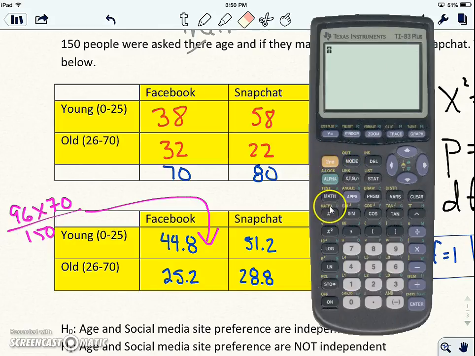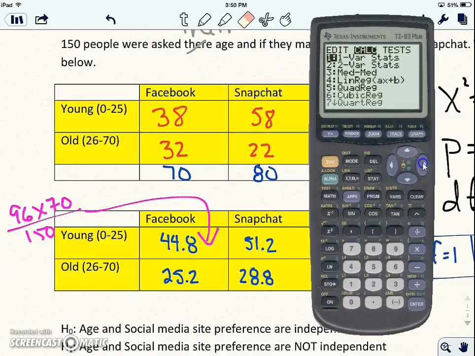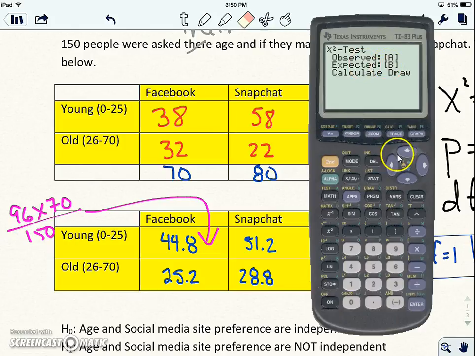If I want to make sure I have it right, I can go back into matrix A and look at it. There it is. Now we go to stat, tests, and it's a chi-square test. Not the goodness of fit one your calculator might have. And we put our observed in A and we want it to spit out our expected in B. And we tell it to calculate.